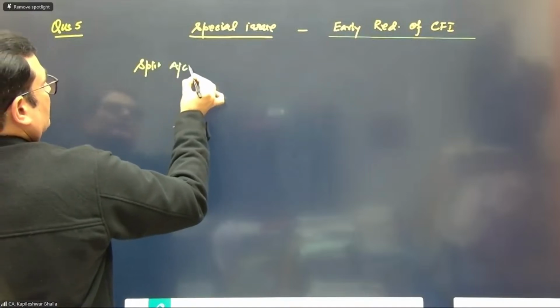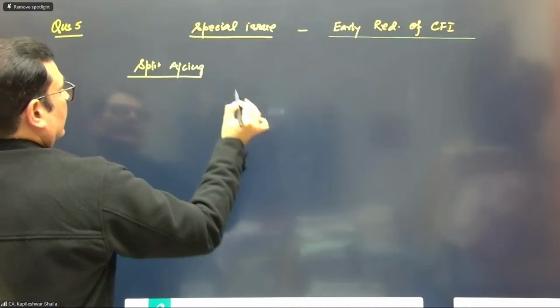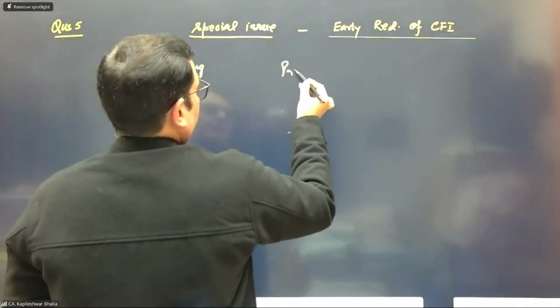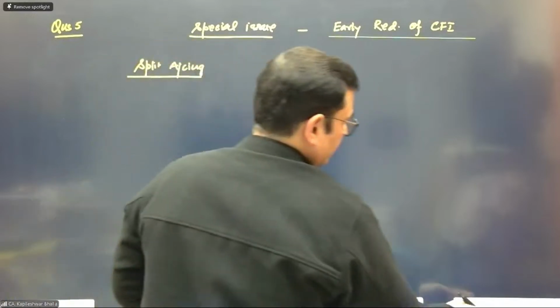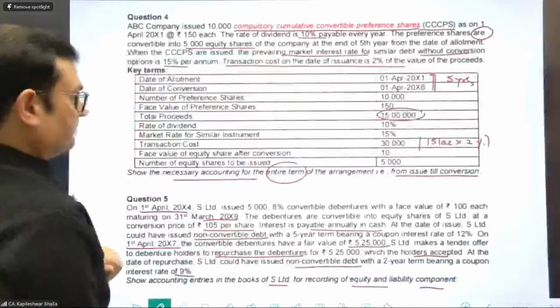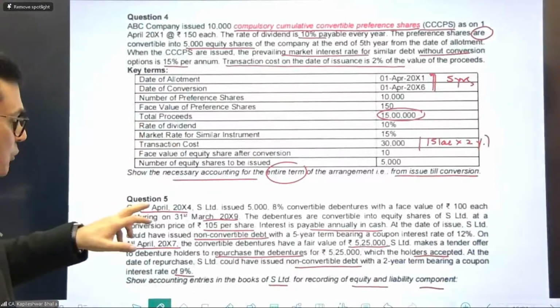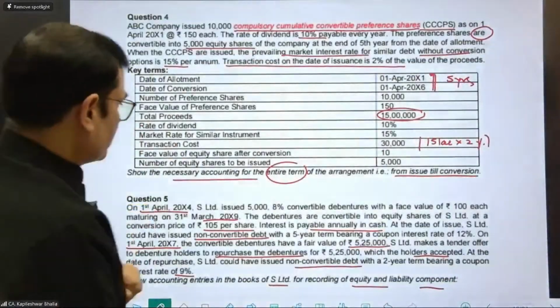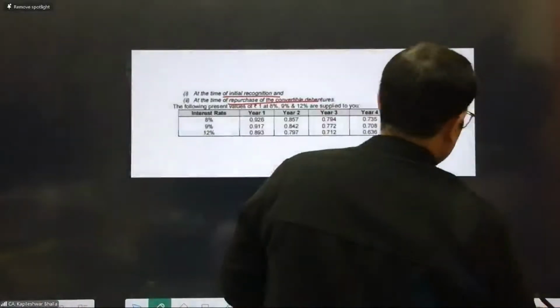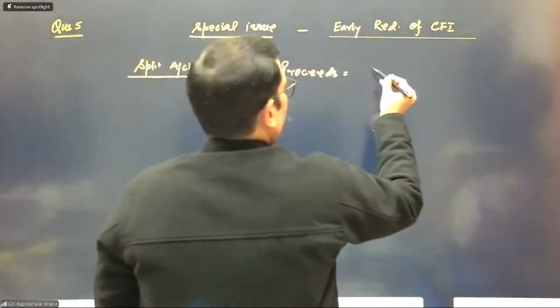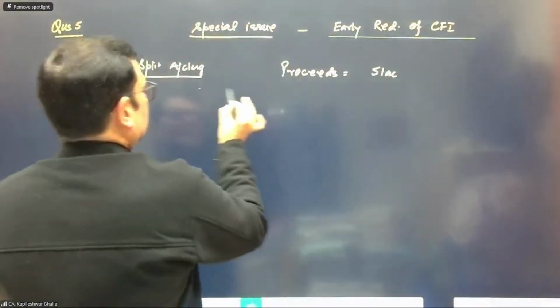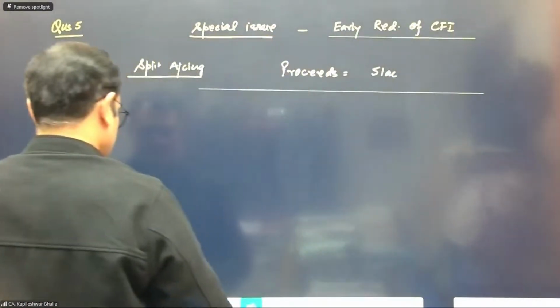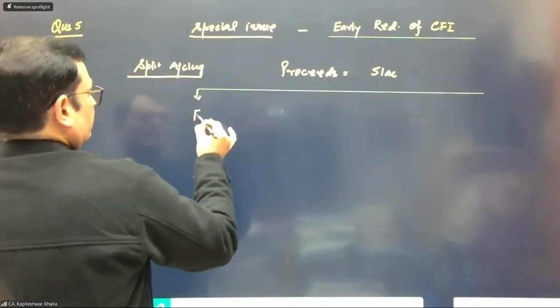So let's see what the proceeds are, and we will segregate the proceeds into FL and equity. So we need to go back and see what the proceeds are. We've issued a total of 5,000 debentures with a face value of 100, so the proceeds are supposed to be 5 lakhs. And we segregate this into FL as well as equity.